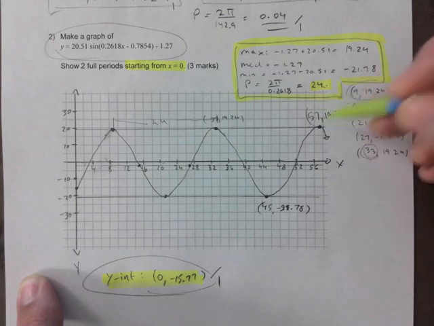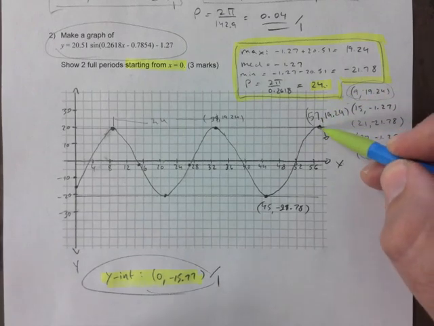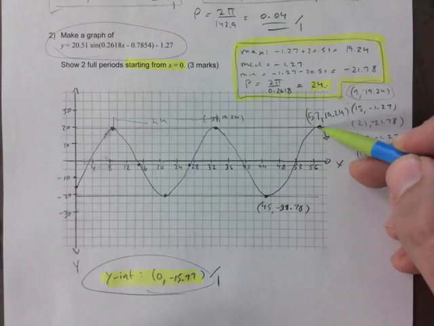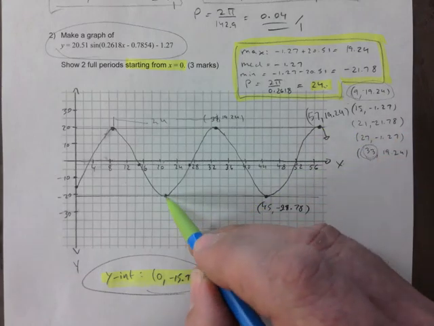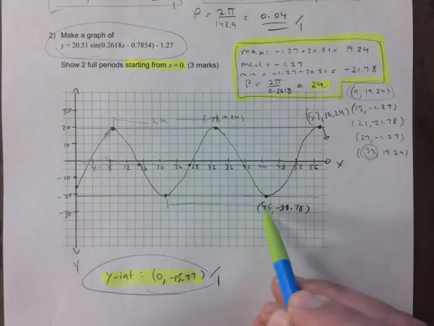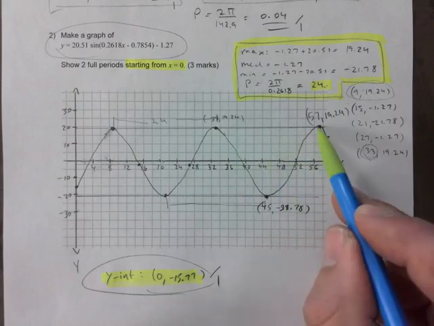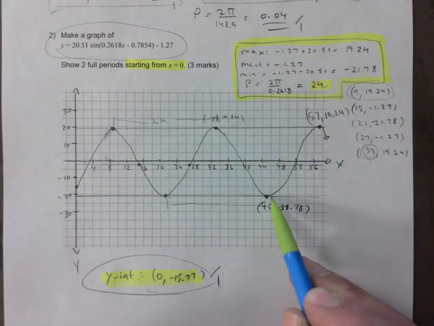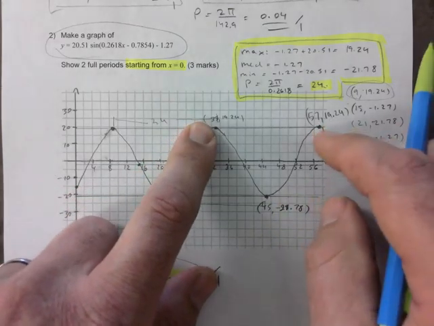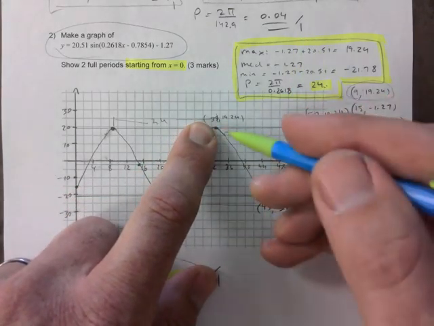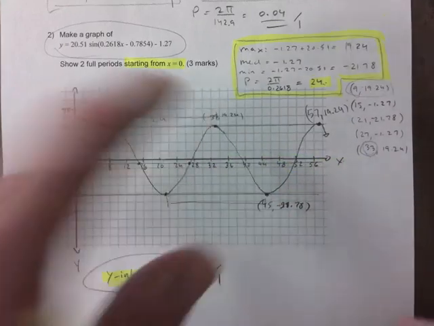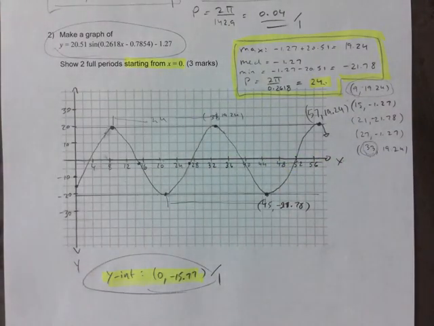You don't need to label it as long as the point is where it's supposed to be, but I'm just showing you what I did. Then I go to my low here, and I add 24 to that one, and this should also be 24. So you basically have 3 points now that should allow you to find a pretty decent curve, and you know how this is supposed to be done.